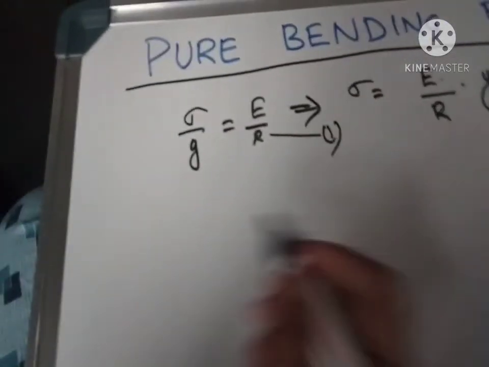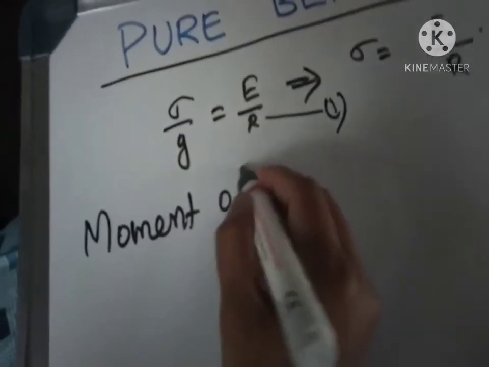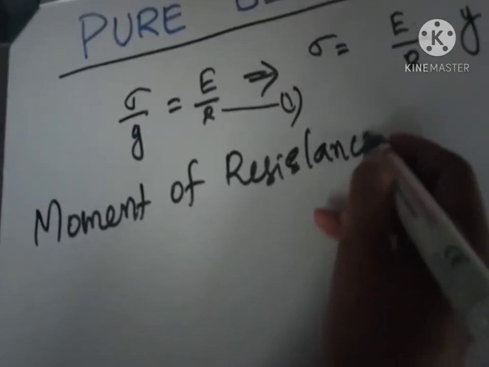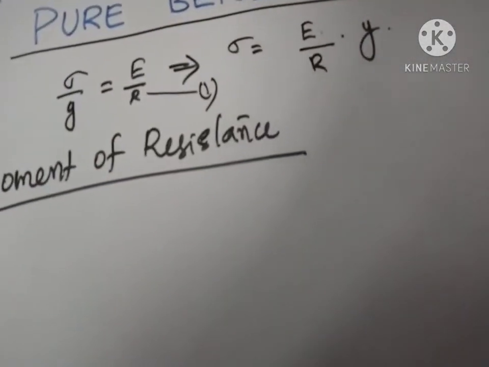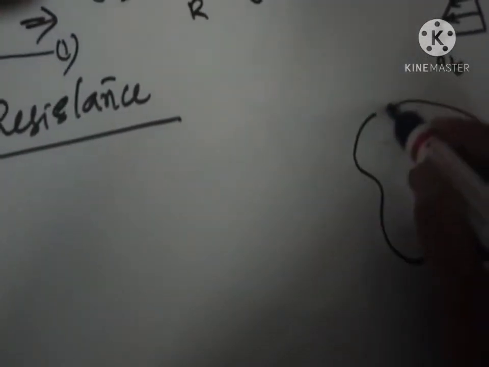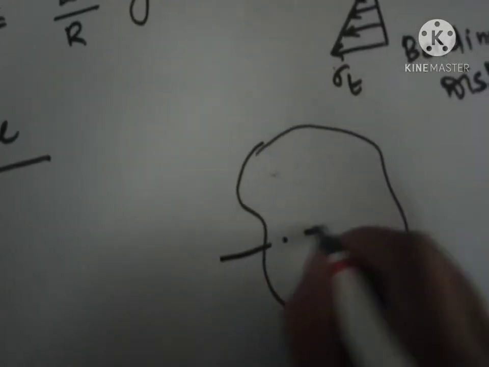Now we'll find out an expression for moment of resistance. In order to find an expression for moment of resistance, we need to consider an elemental layer of thickness dy.